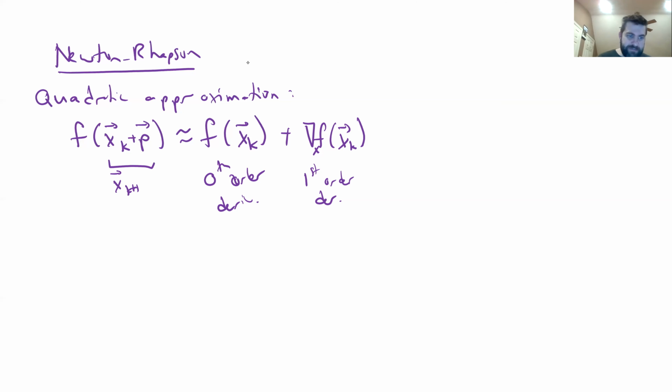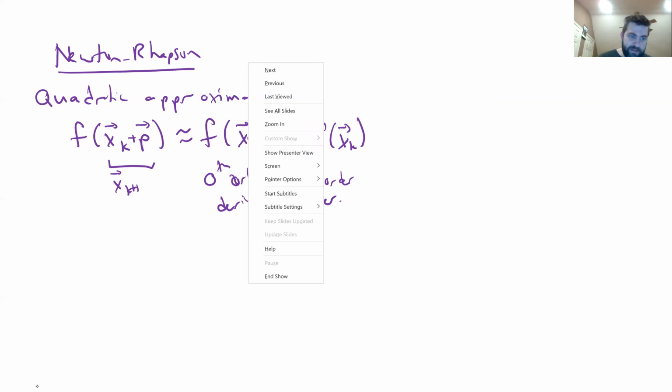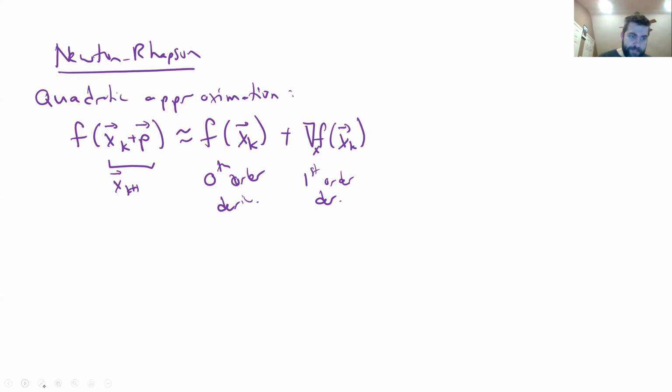And let's make a comparison to what the Taylor series looks like for a scalar function, and let's just do a scalar function of a scalar argument. If we wanted to do a scalar expansion here, what would it be?